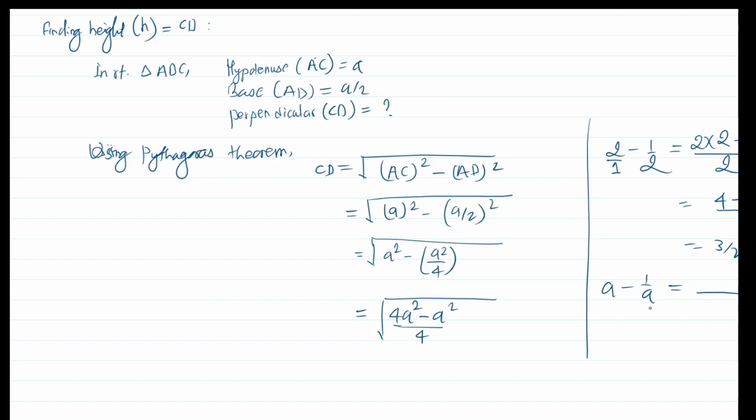First of all, multiply 1 and A, just multiply it. To find the LCM, LCM is A, and A is multiplied. What is absent in the denominator of A?